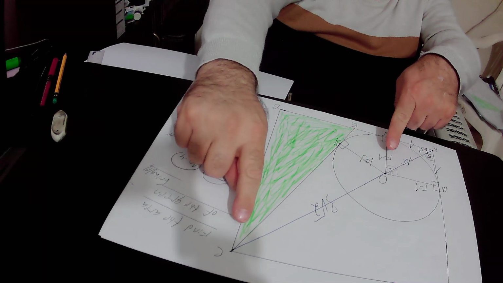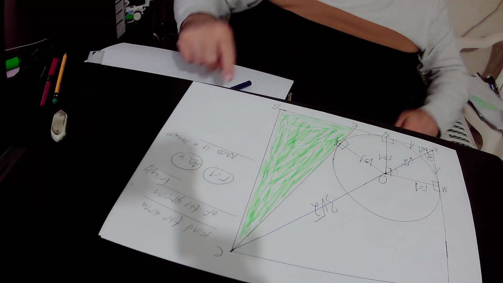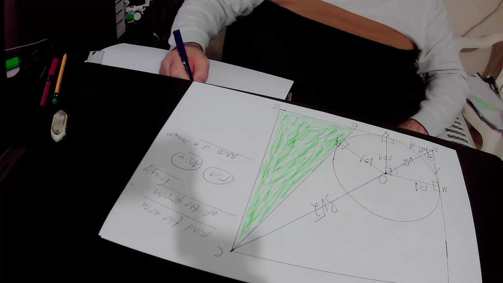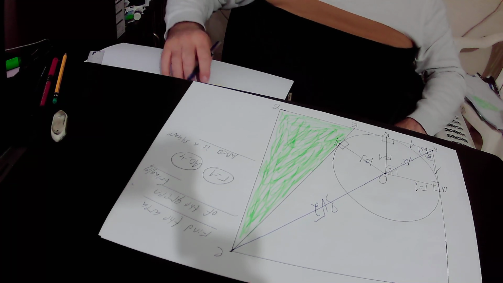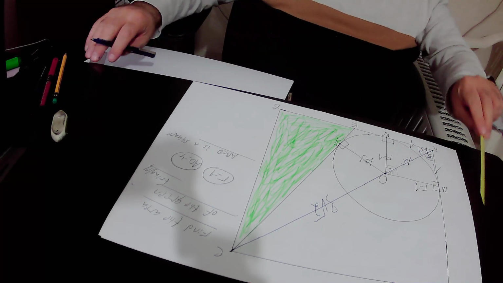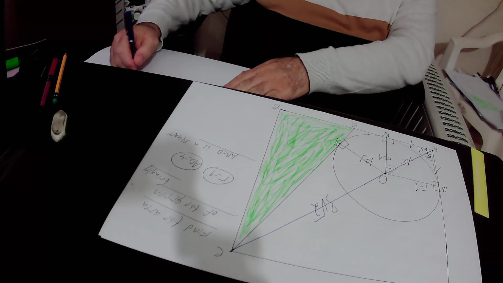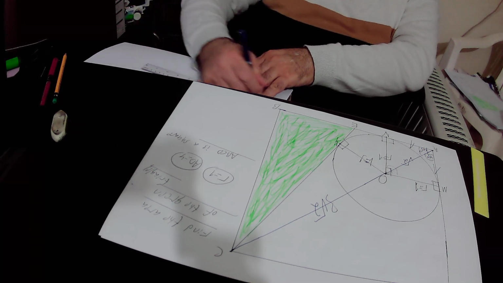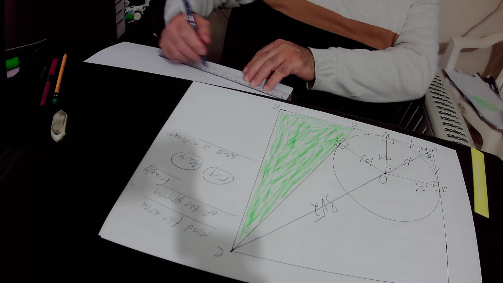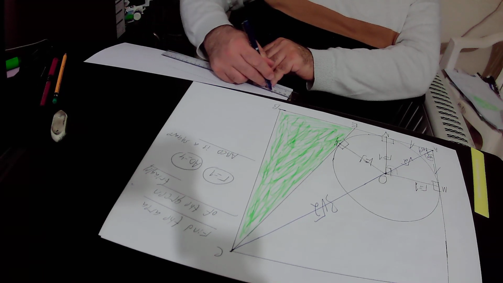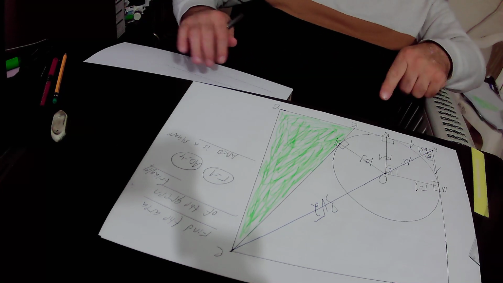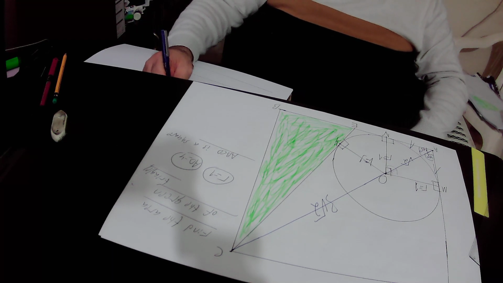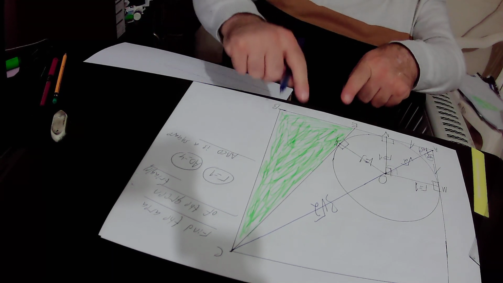Therefore, the square of the hypotenuse is CO squared, and it equals the sum of the squares of the perpendiculars. That is to say, it equals KO squared plus CK squared.